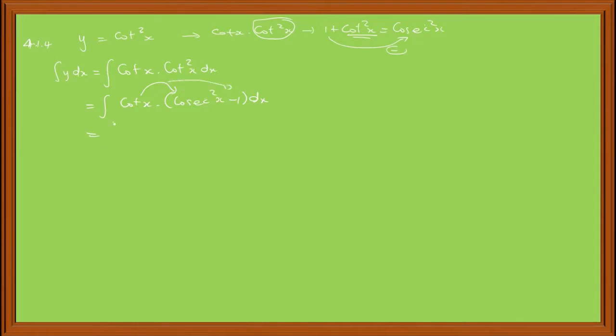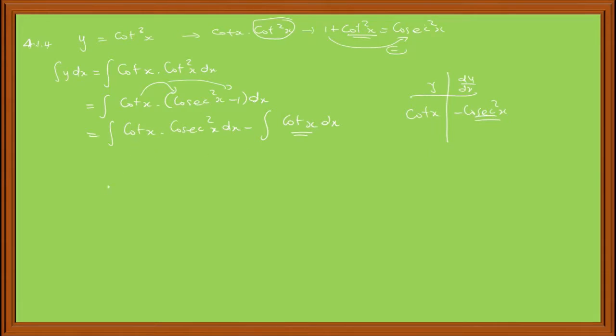So integral of cot x multiplied by cosec squared x dx minus integral of cot x dx. Now this one you can get on the formula sheet. On the formula sheet, you see y, and dy over dx: cot x gives you minus cosec squared x.